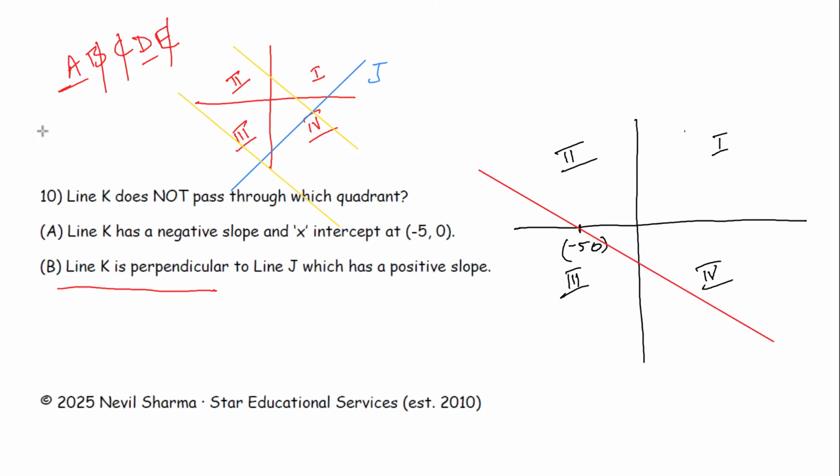So as you can see, this K, if it's the first one, K1, then we know that it will not pass through the third quadrant. But if it's K2, then we know it will not pass through the first quadrant. Hence, we can say that statement B doesn't give us a definite answer. So D is out. It's only A. A is the answer. Only A answers the question.